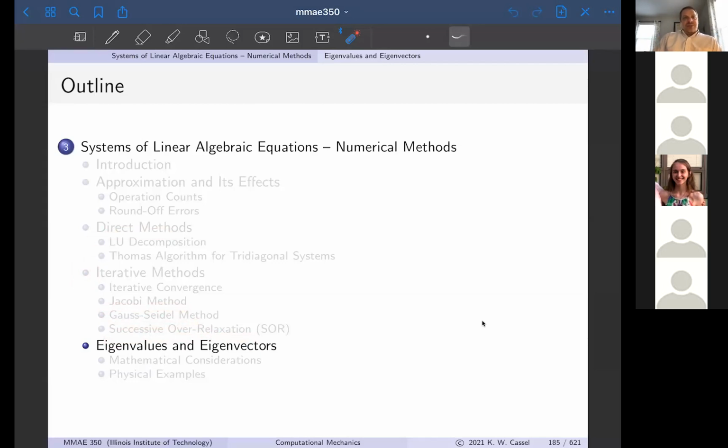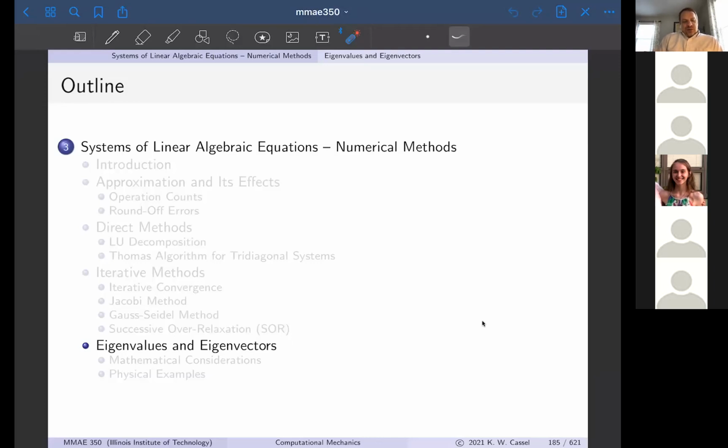We also discussed the Thomas algorithm for dynamical systems. The whole point of iterative methods was that they are generally more effective and efficient for very large systems of equations, and they are very easy to implement on a computer. The iteration algorithm is very simple, and you just repeat it over and over until it converges iteratively to the correct solution.